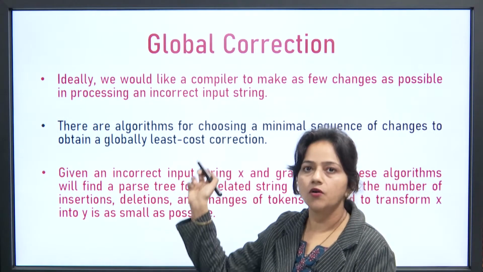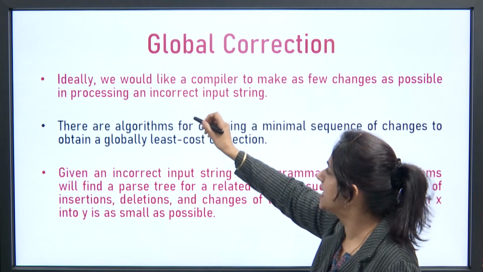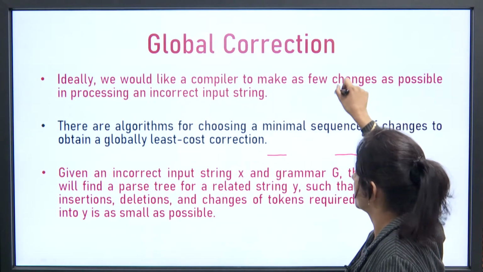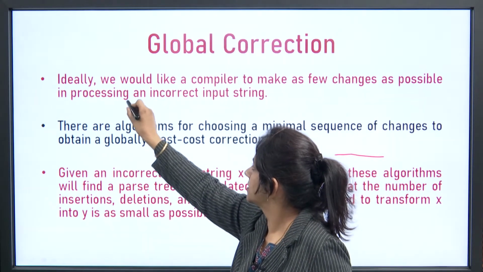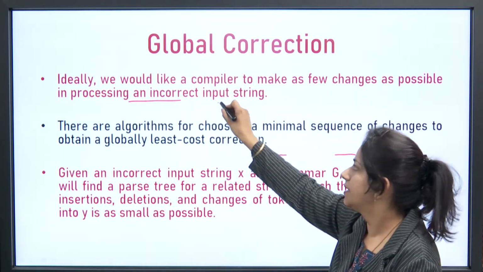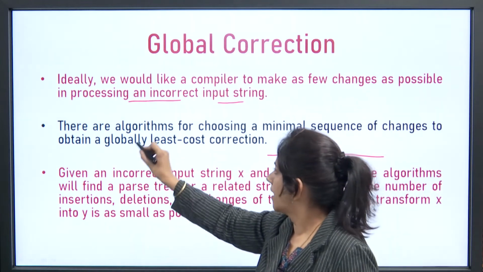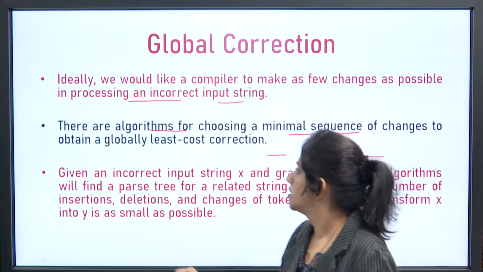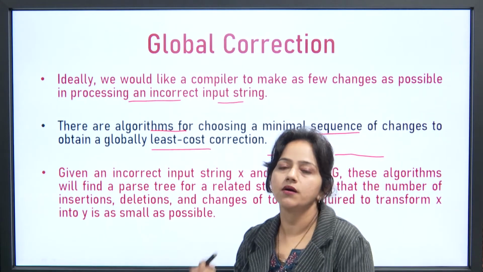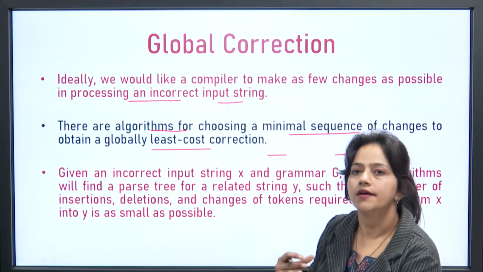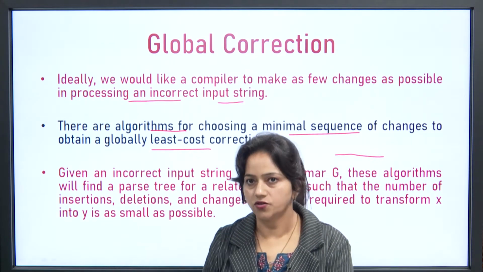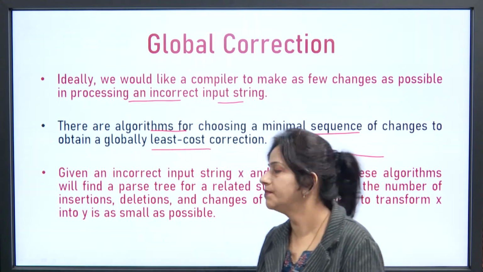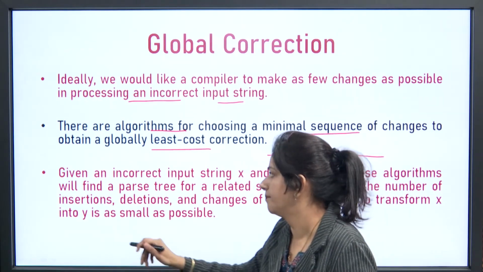Now, next is global correction. Ideally we would like a compiler to make as few changes as possible in processing an input string. There are algorithms for choosing the minimum sequence of changes to obtain a globally least cost correction. Every time we try to make minimum corrections and get the correct program after doing the minimum corrections to the original program.